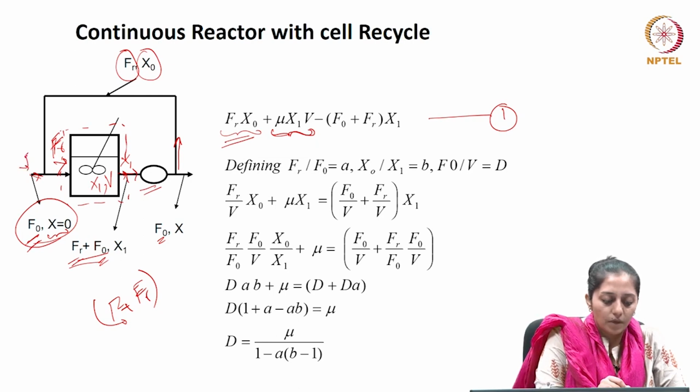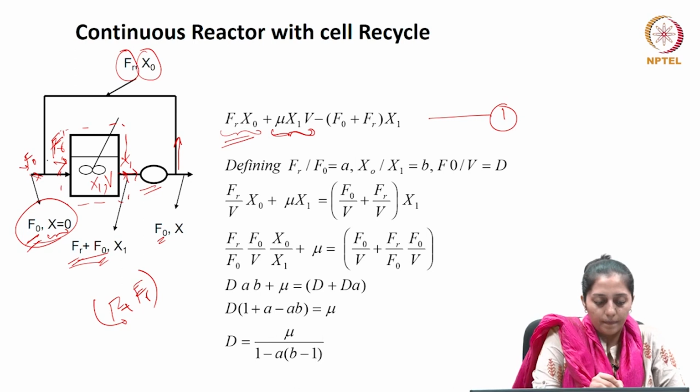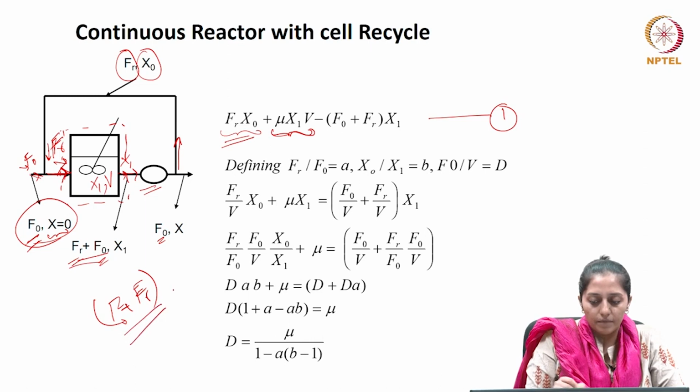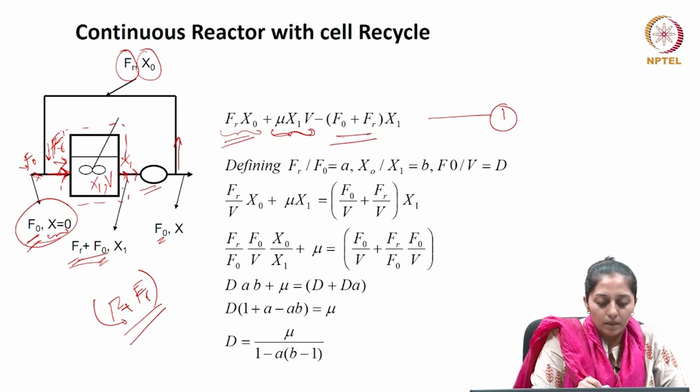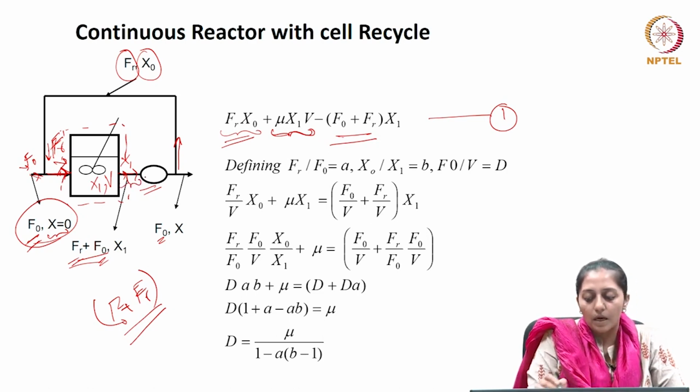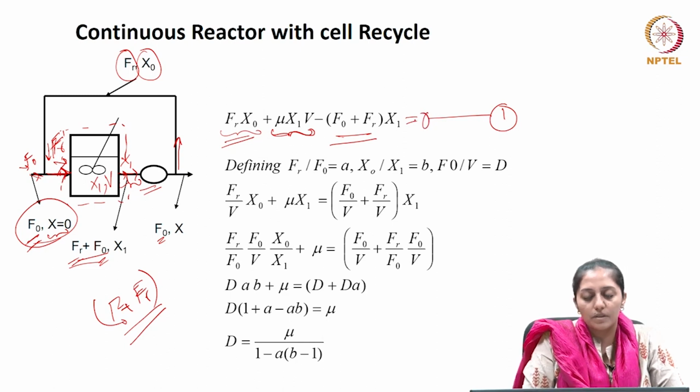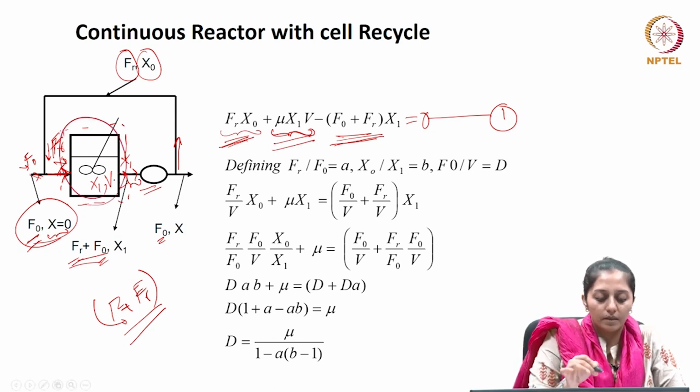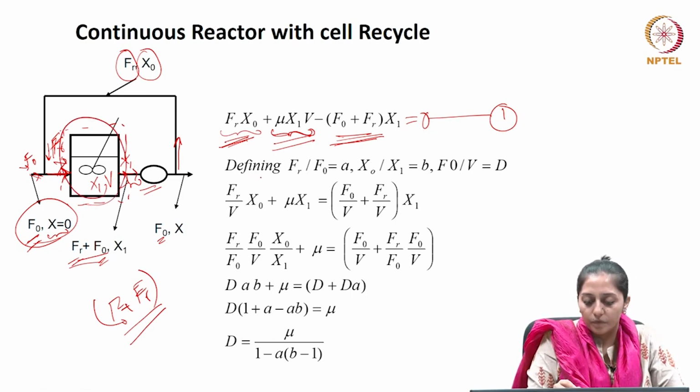So, this was F0 and this is Fr. It combines, so the stream flow rate is F0 plus Fr. So, F0 plus Fr times x1 is the rate at which the biomass is going outside this reactor, loss, output, and it is a steady state, no accumulation. So, this is 0. So, input minus output plus growth is equal to 0 for this reactor mass balance for biomass.